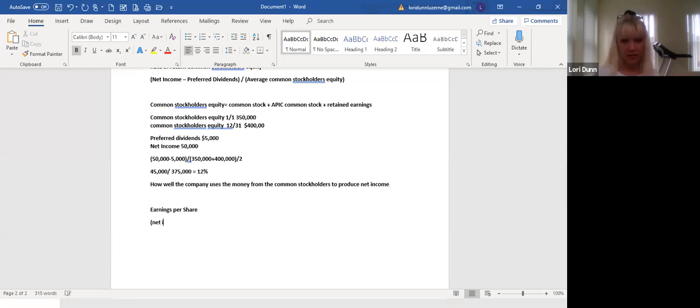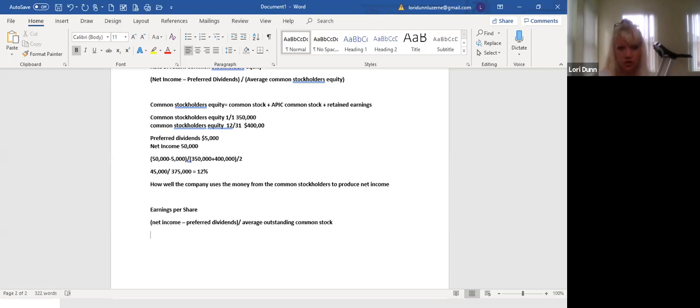Generally, you take net income minus preferred dividends, and you divide it by your average outstanding common stock. So you take all the net income of the company, now subtract out the part that's already promised to preferred shareholders as preferred dividends.